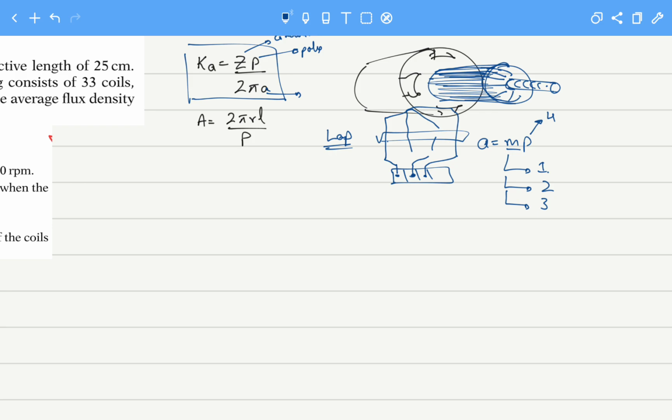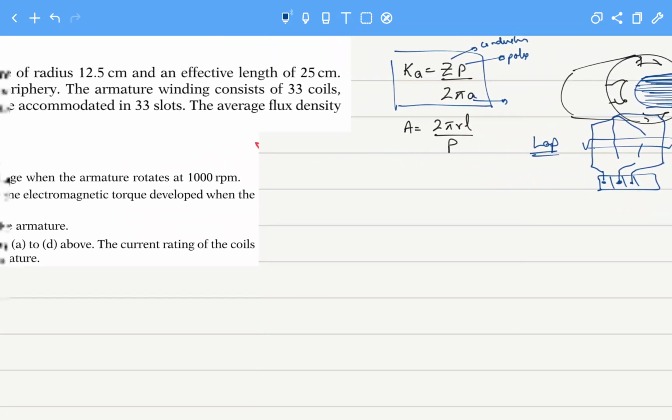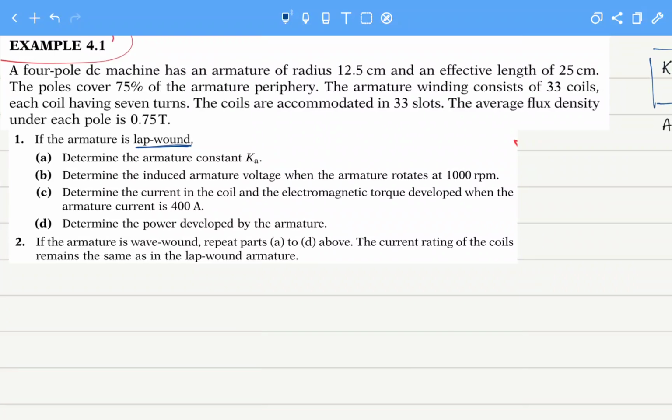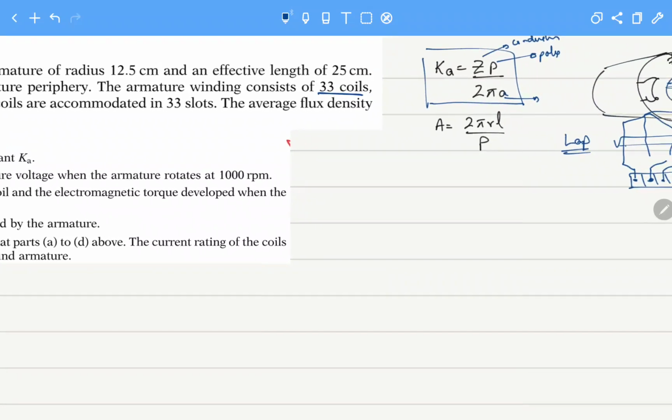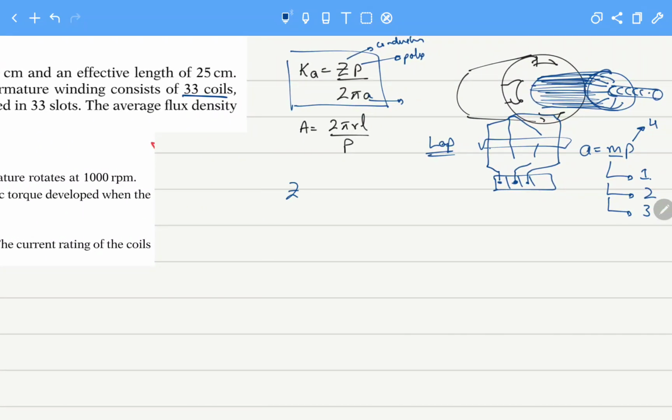And what is Z? Z is the total number of conductors. For our scenario, there is a 4 pole machine, and it has 33 coils, each coil having 7 turns, and the coils are accommodated in 33 slots. That is 33 coils in 33 slots. So what will be the value of Z?